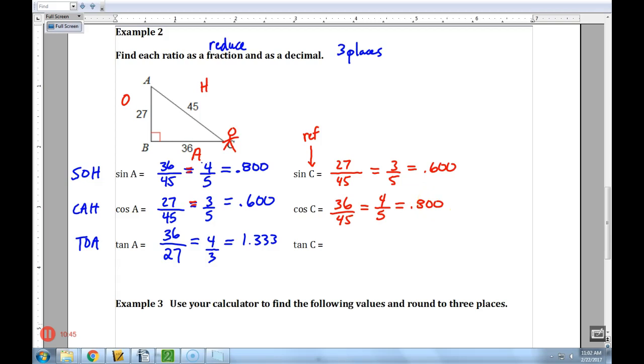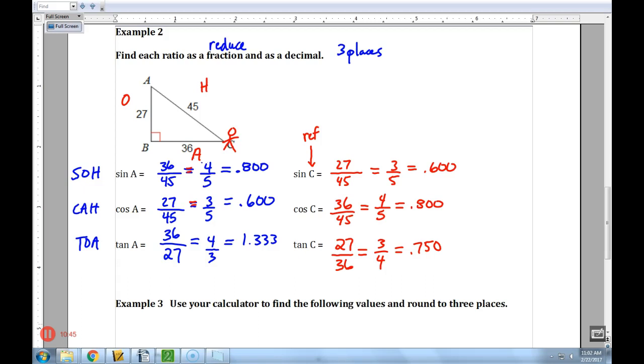And then we have the tangent, which is the opposite over adjacent. We have not done this one yet. This one is 3/4, which is the one I accidentally did earlier, which should be 0.750. So we found the ratios for all of those values.